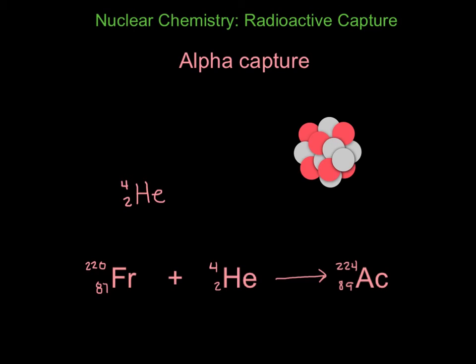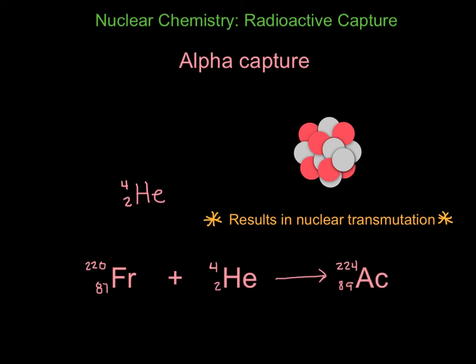And this isn't going to create any new protons or neutrons. It is, however, going to cause nuclear transmutation. So we're going to go from one element to a totally different element because we're actually increasing our number of protons.